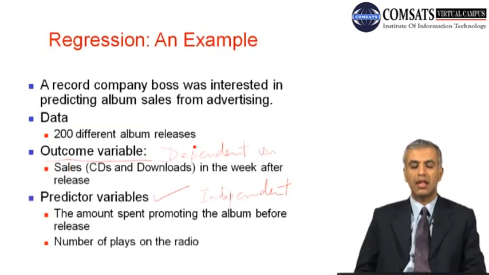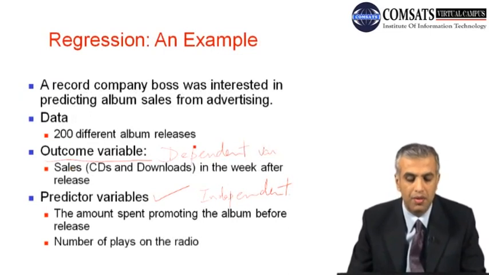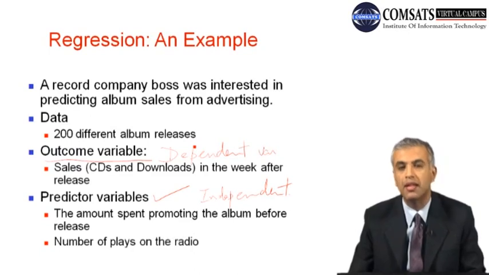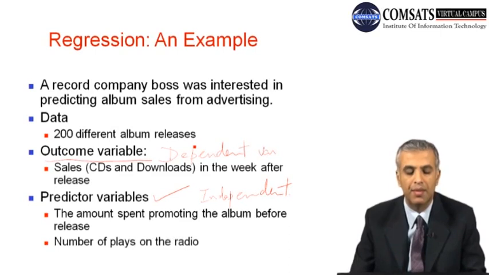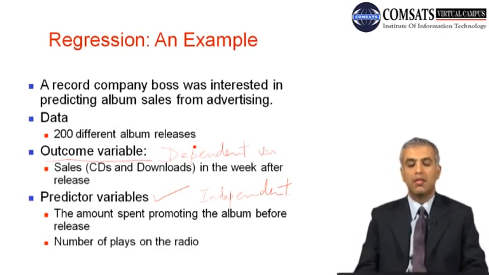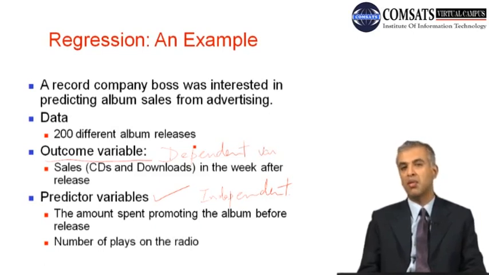Likewise, we then quoted an example in which we took a record company that wanted to predict album sales from advertising. We had data from 200 different sources, and the outcome variable was the album sales.